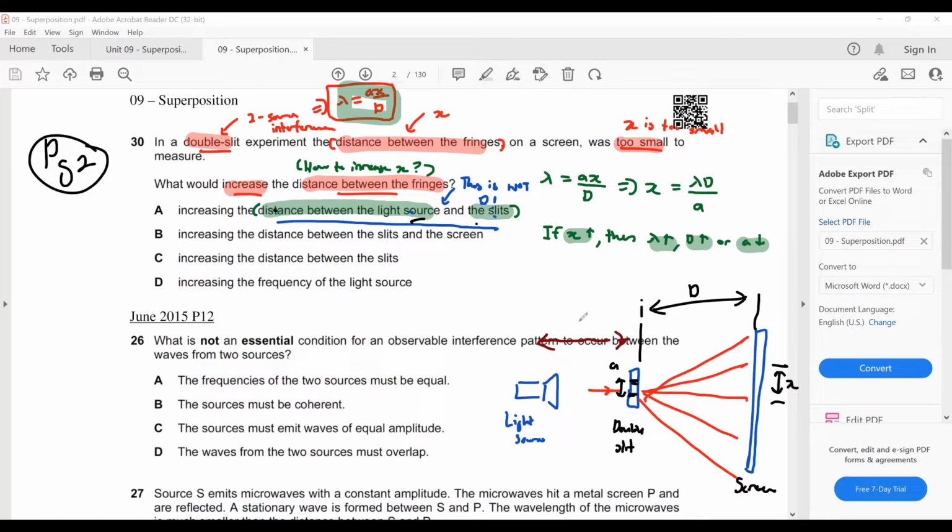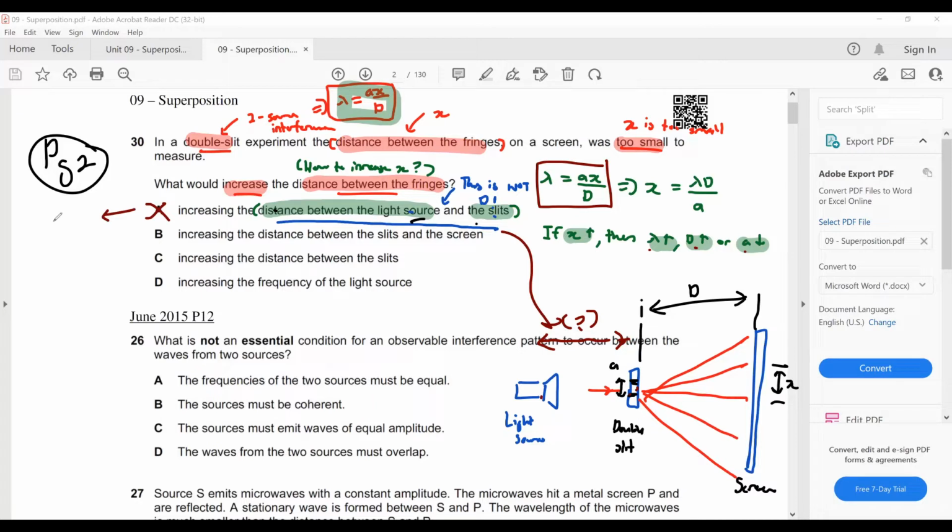It's not referring to the distance between slit and screen, so this is not D. Fringe separation is only affected by lambda, D, and a. Since this is not talking about D, this cannot be the answer. This actually has no effect.